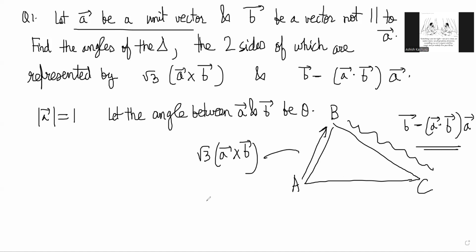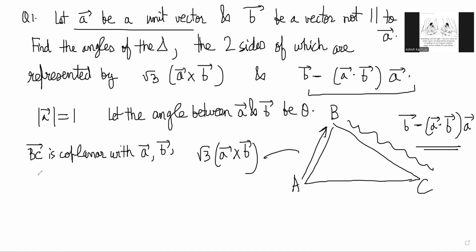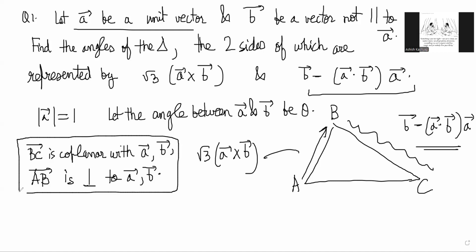So we can see that this BC vector is coplanar with A vector and B vector, and we can see that the AB vector is perpendicular to A vector and B vector. How can I say this?